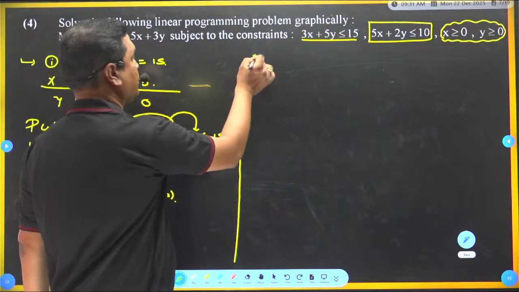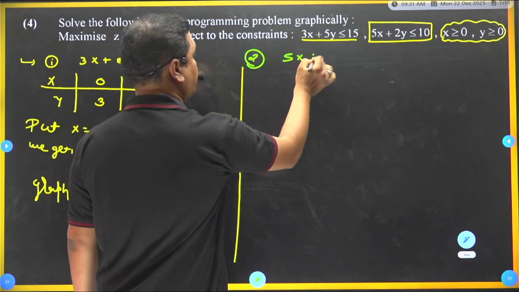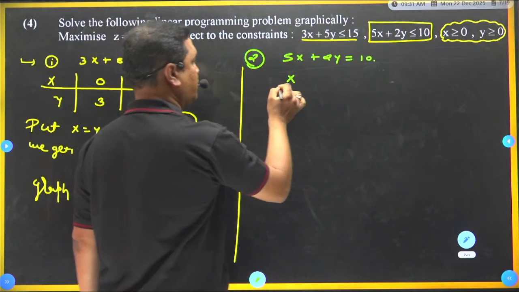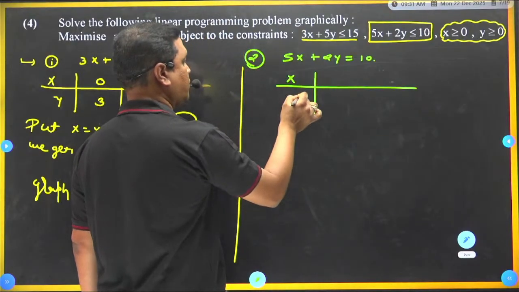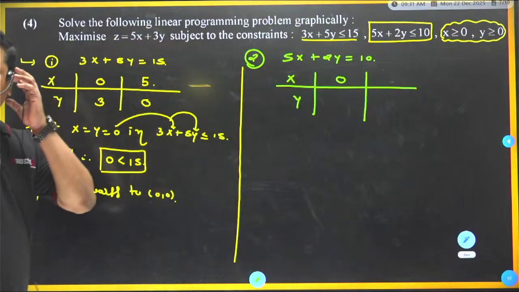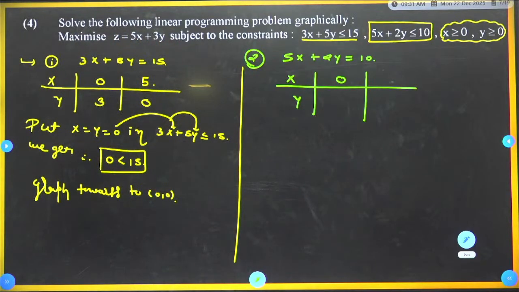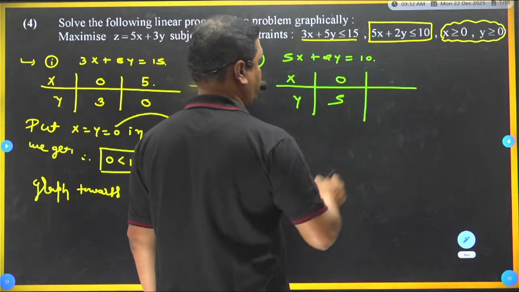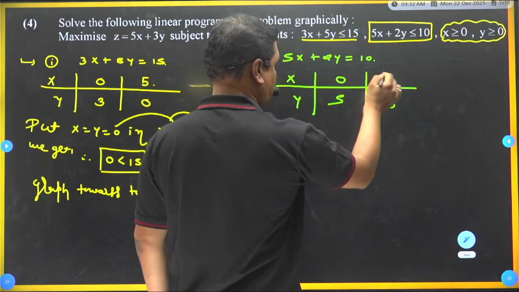Second, 5x plus 2y equal to 10. First time x 0, y 5. y 0, x 2.